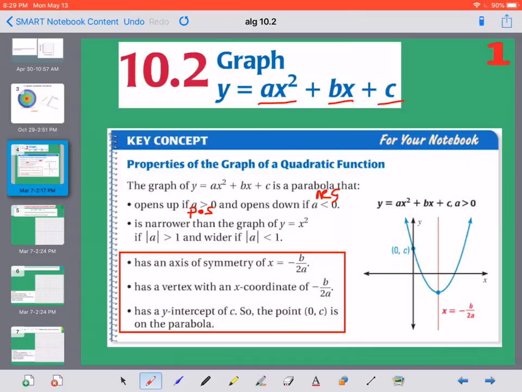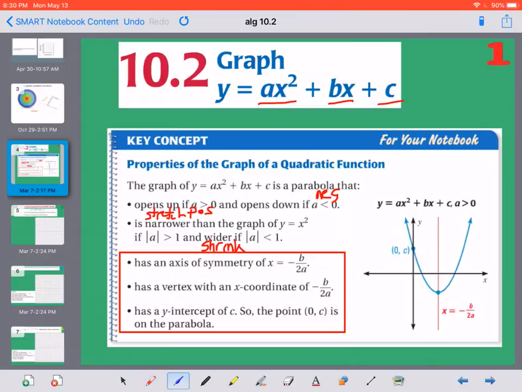It is narrower than the graph of y equals x squared, that's a stretch, if the absolute value of a is greater than 1, and wider, that's going to be a shrink, if the absolute value of a is less than 1.